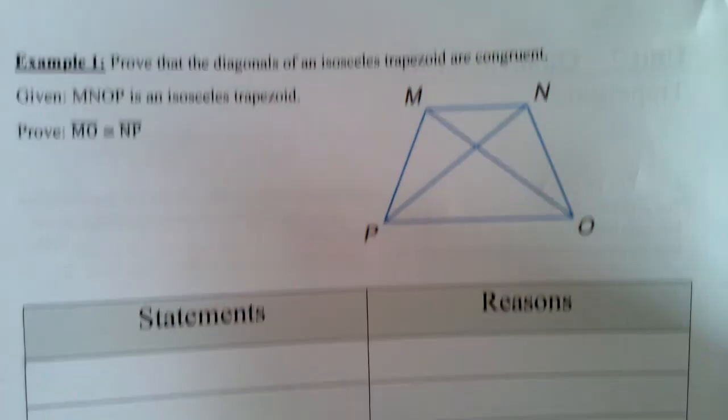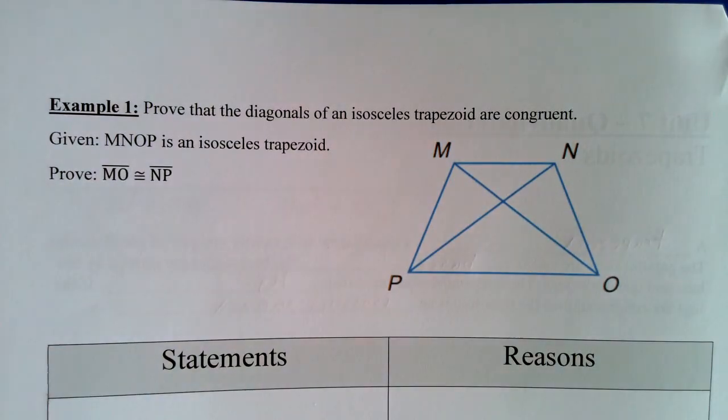So in example one, we're going to prove one of those theorems I just gave you. We're going to prove that the diagonals of a trapezoid are in fact congruent for isosceles trapezoids. So again, given an isosceles trapezoid, let's prove the diagonals are congruent. We're given that MNOP is an isosceles trapezoid.